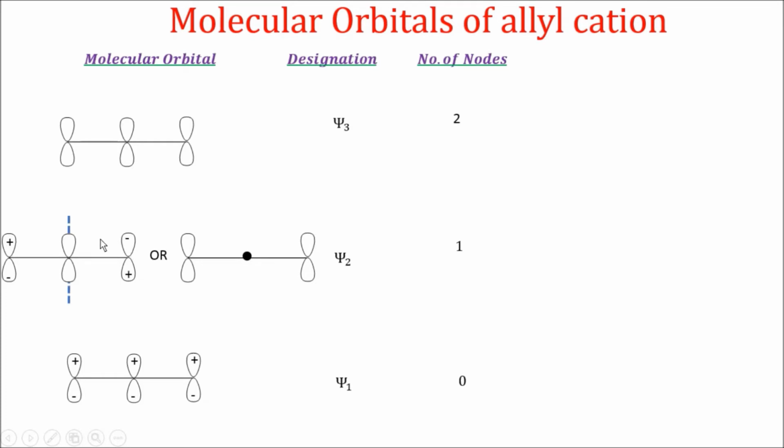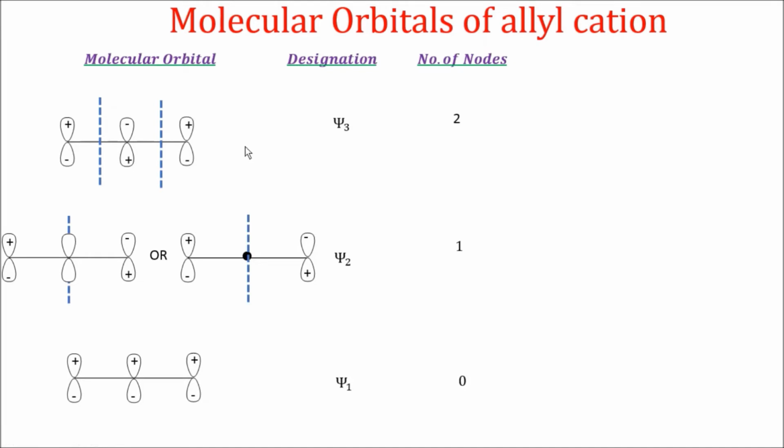You can also draw this orbital like this: plus here, a node with a dot, which means carbon is present here, and a negative sign on the next lobe. In Psi3 the 2 nodes are present and alternately plus or minus will come there.